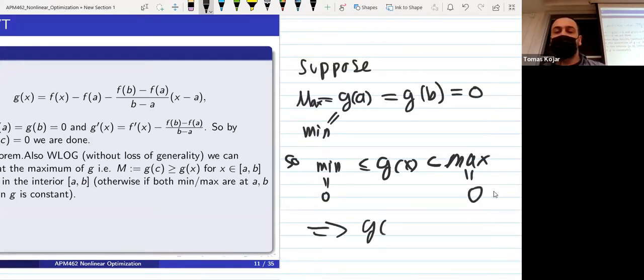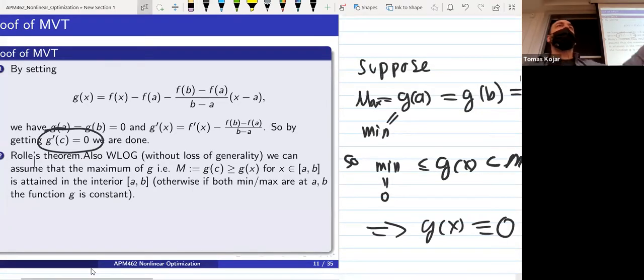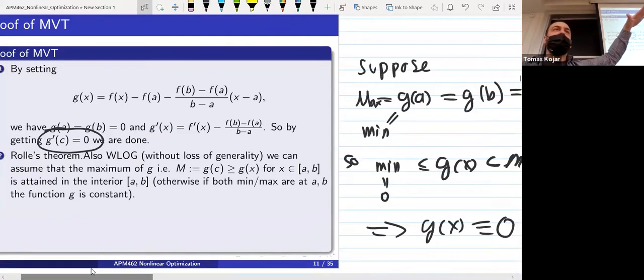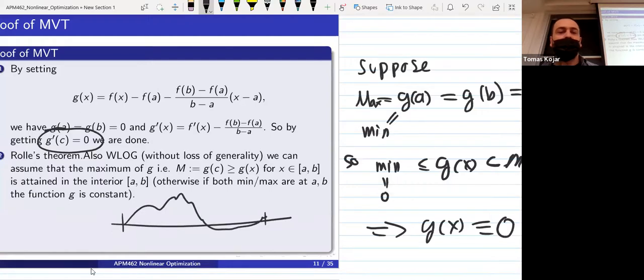So you get that g of x is identically 0, in which case the derivative is always 0. We're trying to prove that there exists a c so that g prime of c is 0. But g is constant, and derivatives of constants are 0. So I can assume that my maximum happens inside. Is that okay? That's the main trick.